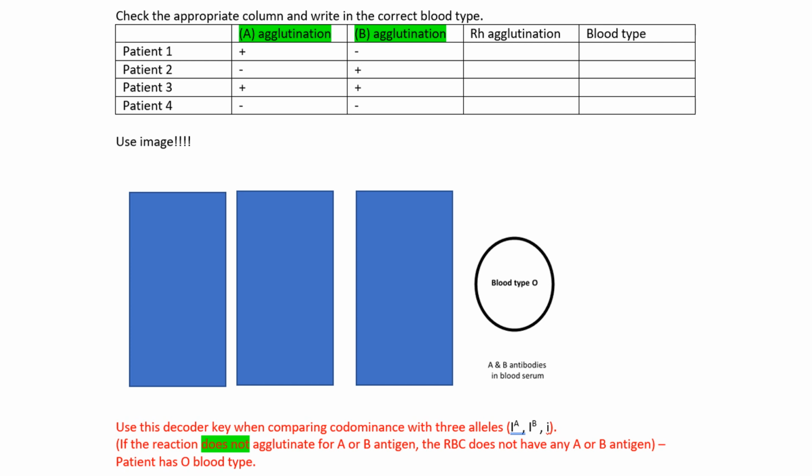So if the reaction does not agglutinate for A or B, they didn't have any antigens. So the red blood cell does not have any antigen A or antigen B. This patient has blood type O. Since there are no antigens on that cell, they can be the universal donor.